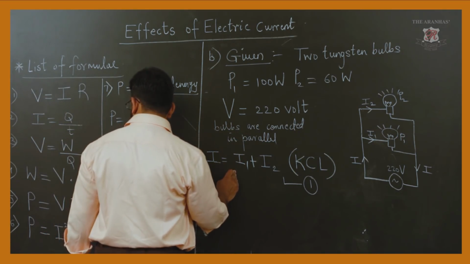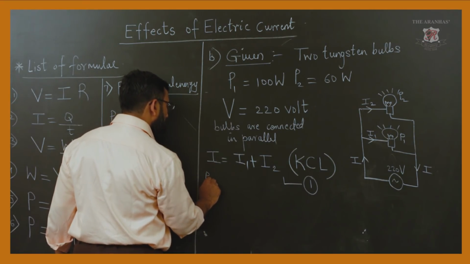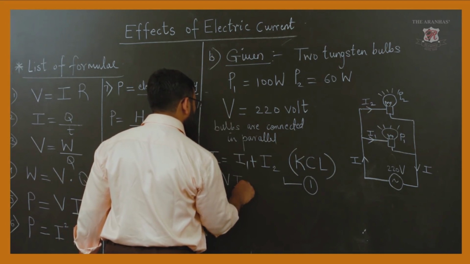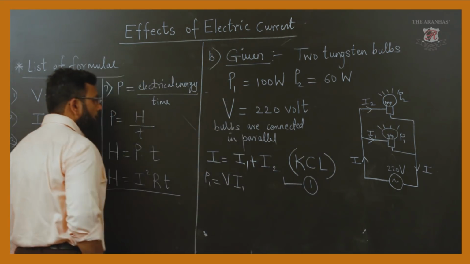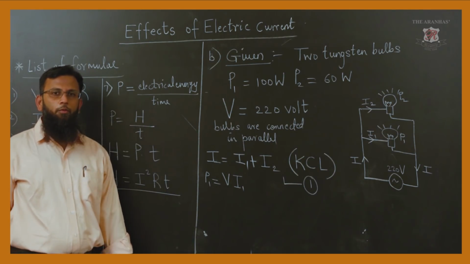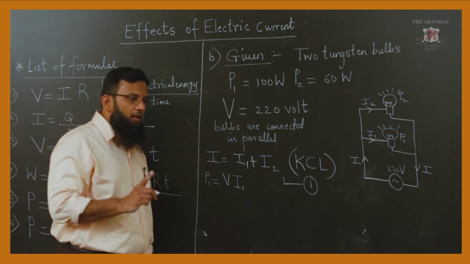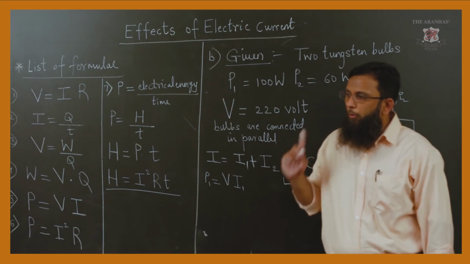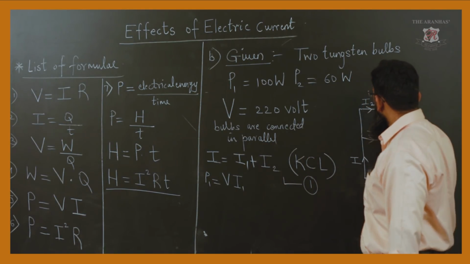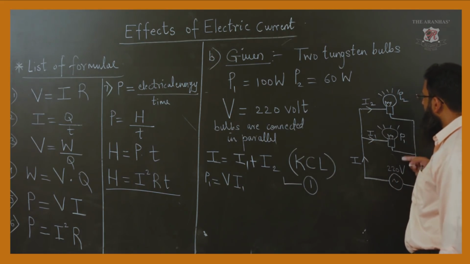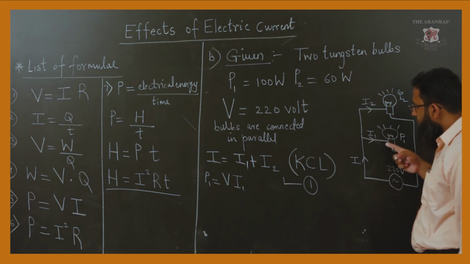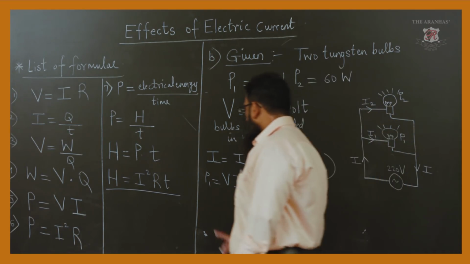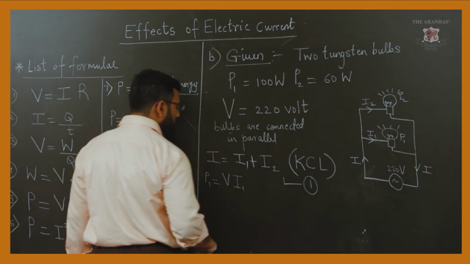But we need current. So, we can write P1 is equal to potential difference into current flowing through that bulb, I1. Here we can't write V1 and V2. The reason is, whenever we connect appliances in parallel, the potential difference across all of them will remain the same. But in case of parallel, the current will get distributed. For power P1, the current will be I1.